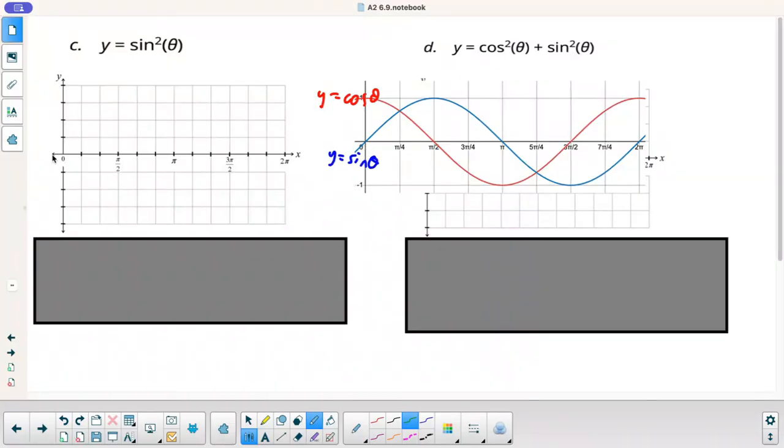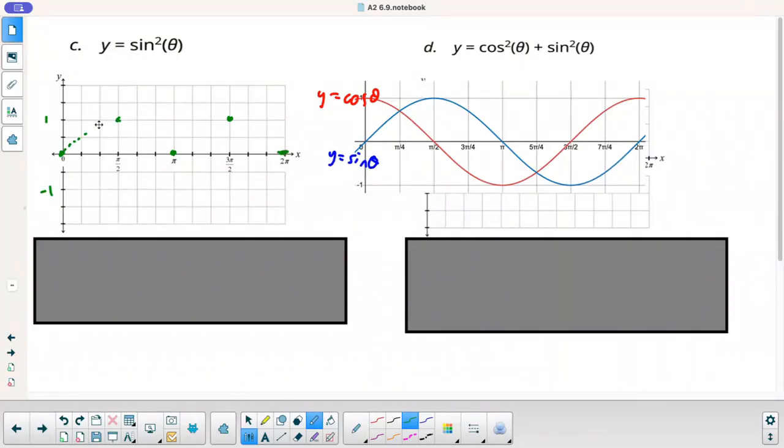So 0 squared is 0. Pi over 2, 1 squared is 1. Pi, 0 squared, 0. 3 pi over 2, negative 1 squared is 1. And then 0 squared, 0.